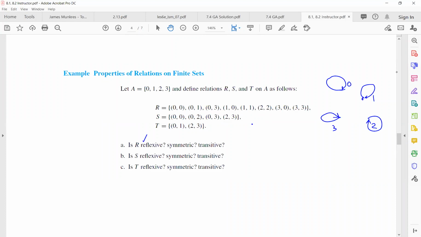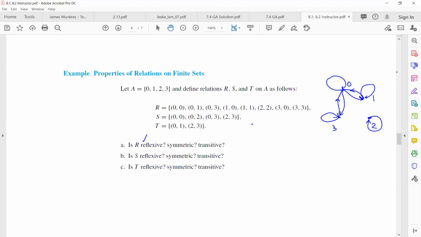Okay, 0 is connected to 1. 1 is connected to 0. 0 is connected to 3. 3 is connected to 0. What else do we have? That's it. Is this symmetric? Of course. If x is connected to y, y is also connected to x, and so on.